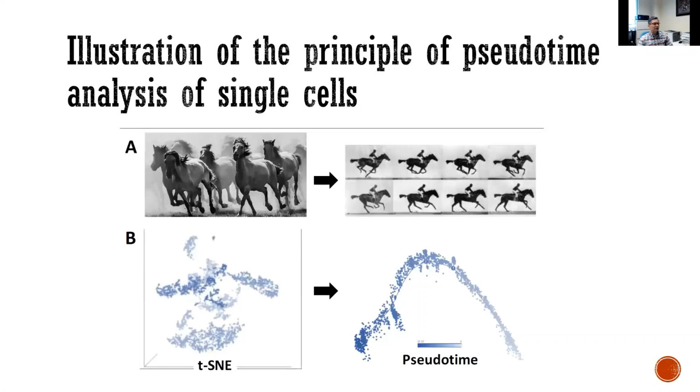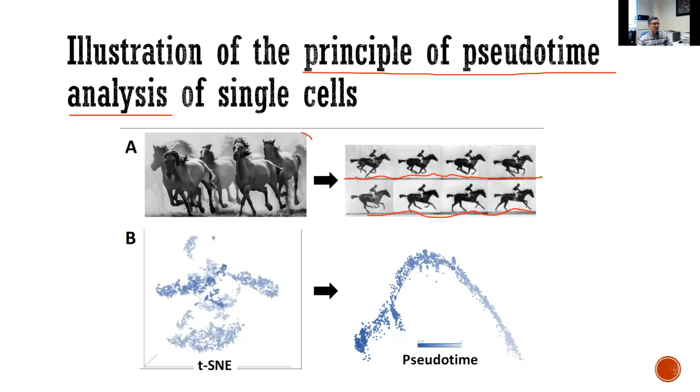I have shown you this before, so I try to use this picture to illustrate the principle of pseudotime in the construction of the trajectory. For example, you want to study the movement of a horse in the gallop of running. However, you don't have a video recorder to take a series of pictures from one horse.